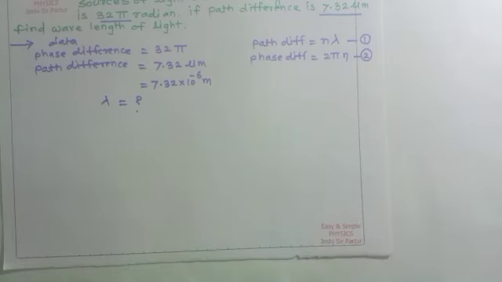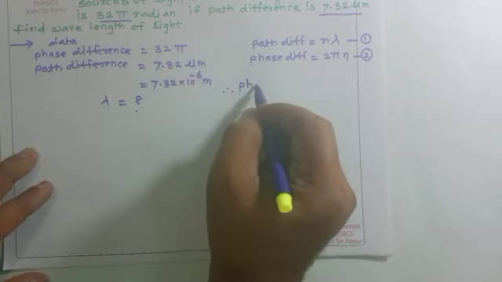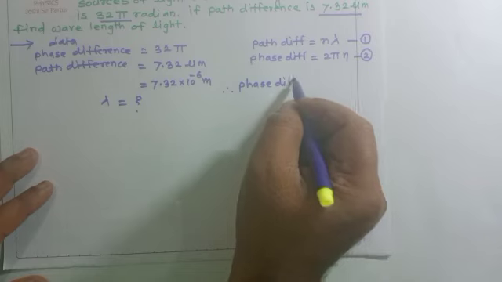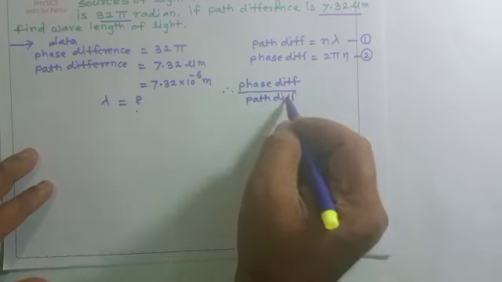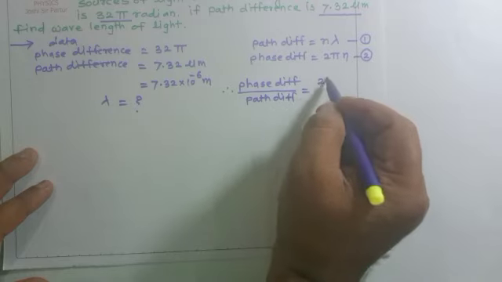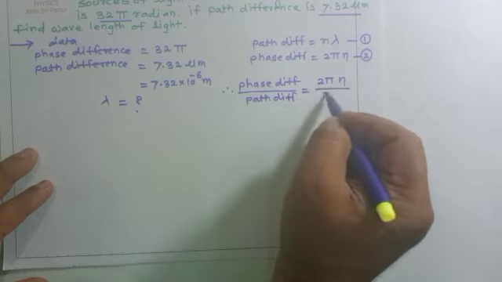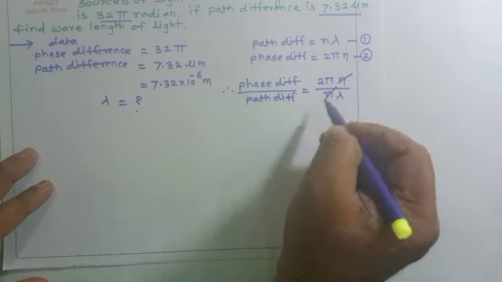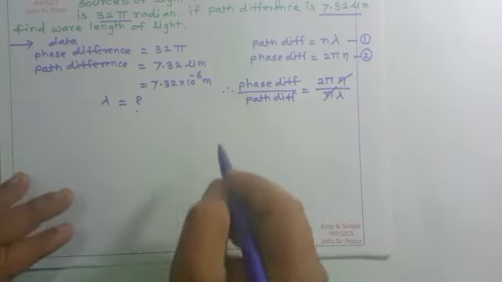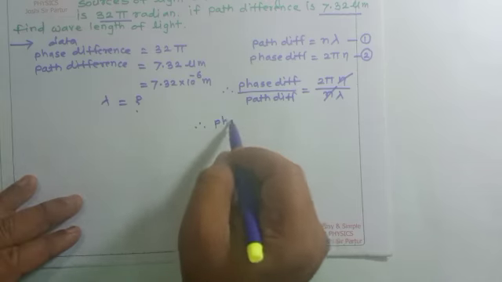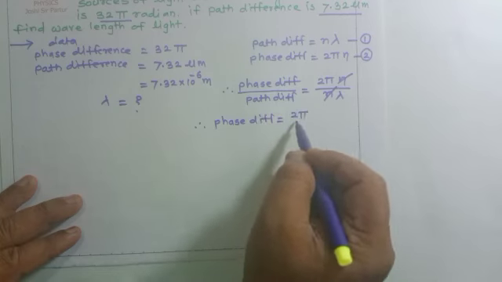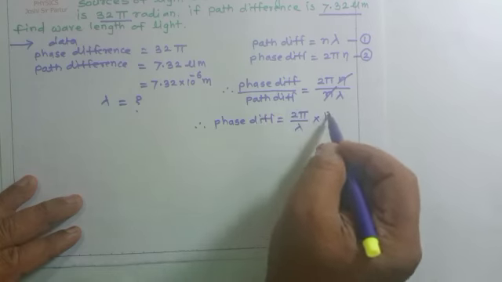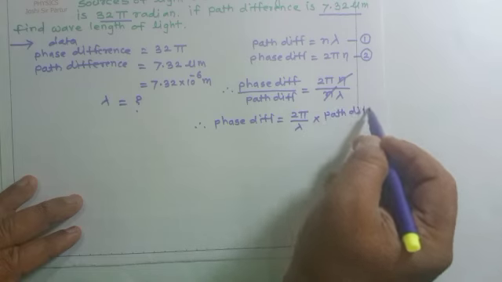If we divide equation 2 by 1, phase difference divided by path difference is 2 pi n upon n lambda, and n cancels. So the formula is phase difference equal to 2 pi upon lambda multiplied by path difference.